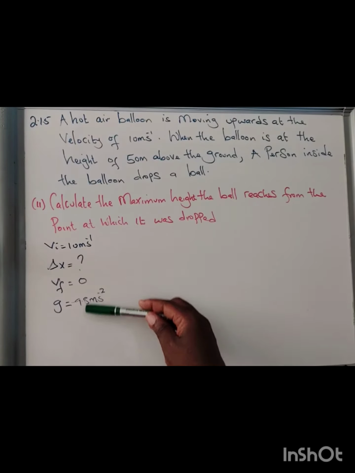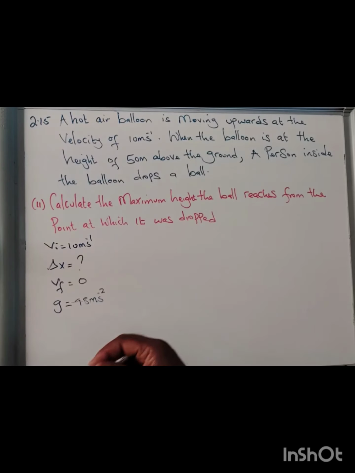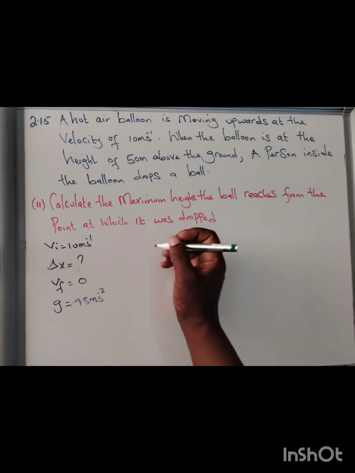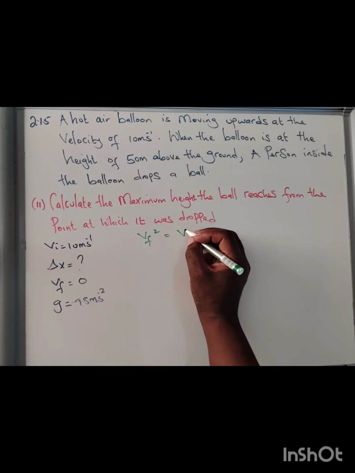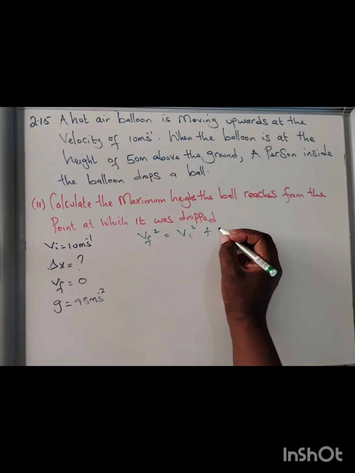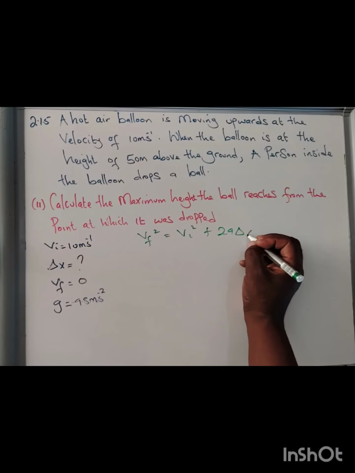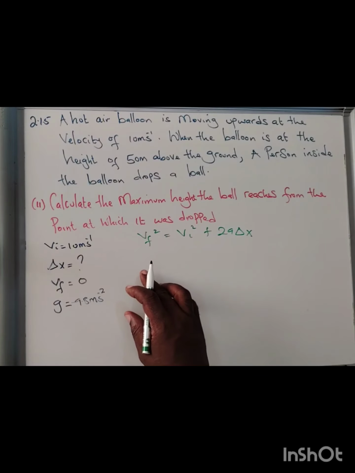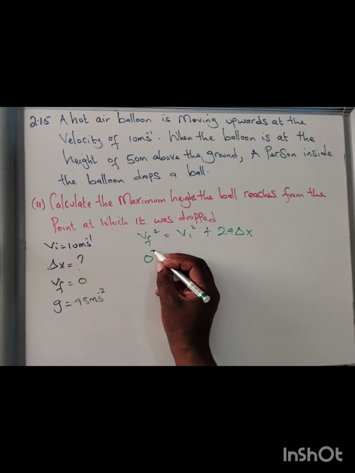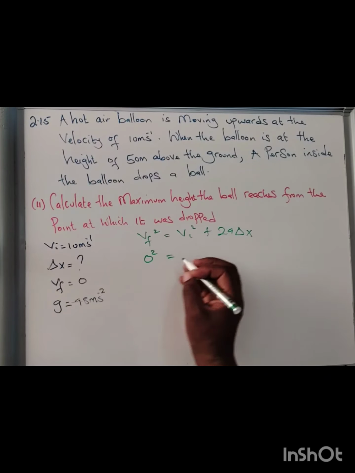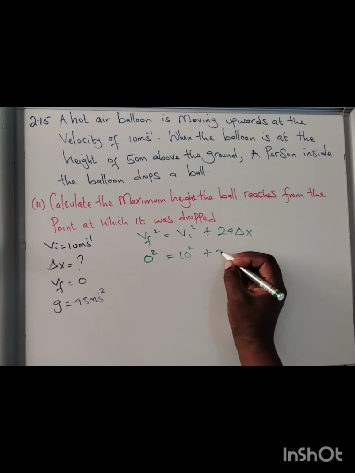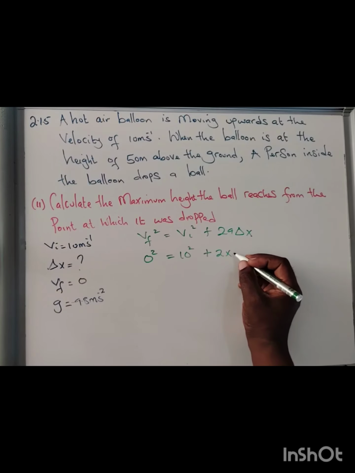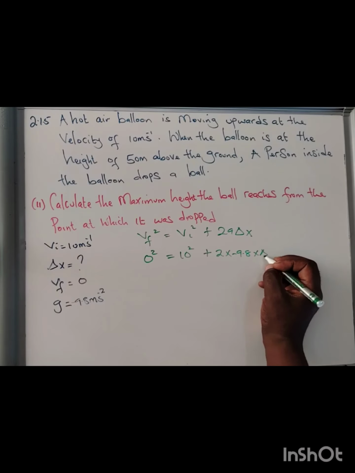Armed with this data, we look for the right equation. And the right equation is going to be Vf squared is equal to Vi squared plus 2a delta x. Vf squared is 0 squared, which is equal to 10 squared plus 2 times negative 9.8 times delta x.